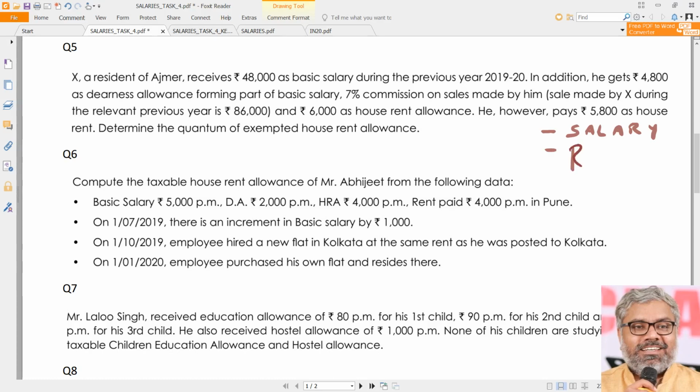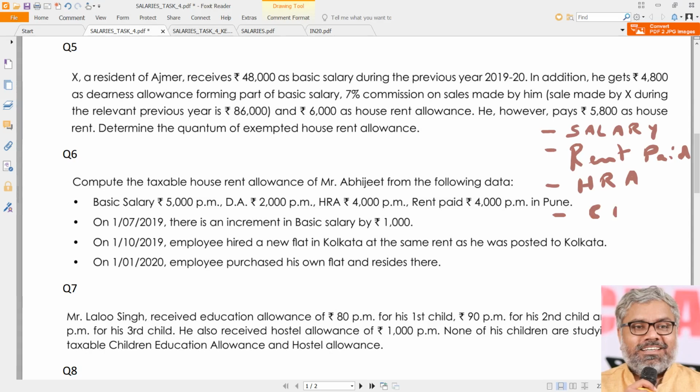And definitely rent that is paid, that is also another important factor definitely in the HRA exemption. Of course, actual HRA received, whatever actually received, if there is any change in that, then also there will be a change in HRA exemption. That will be anyway there.